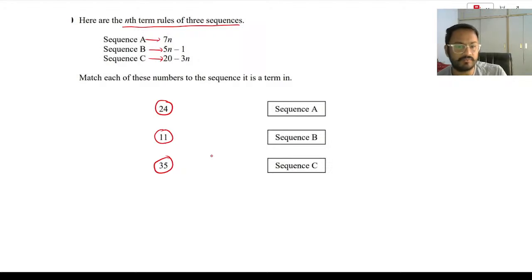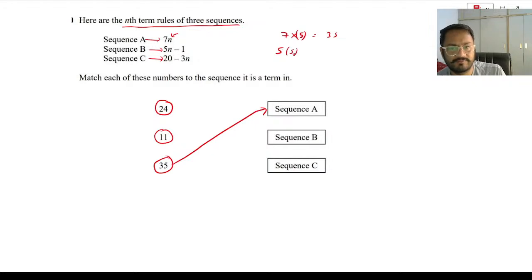Here, if I put n equal to 5, it is again a hit and trial method. You can put n equal to 5 in the first sequence, and you will get 35. So 35 is sequence A, you got the right answer. Now in 5n minus 1, put n equal to 5 again.